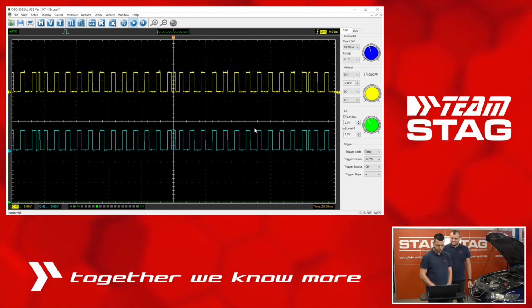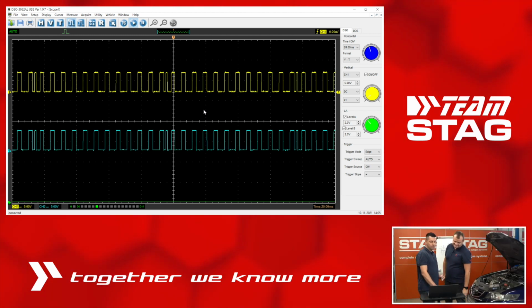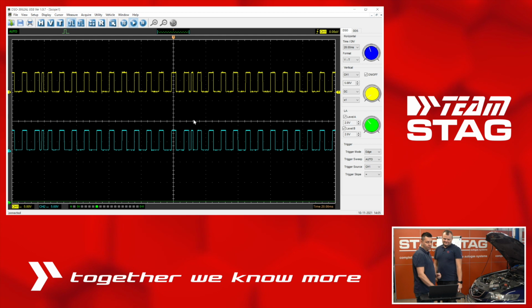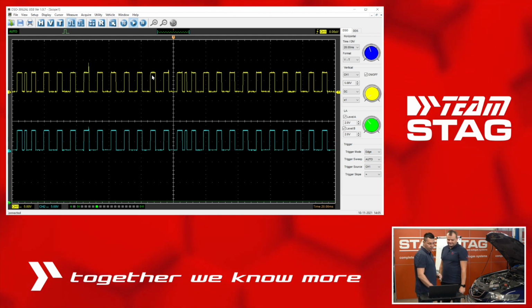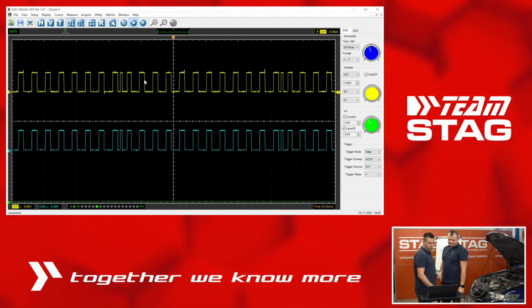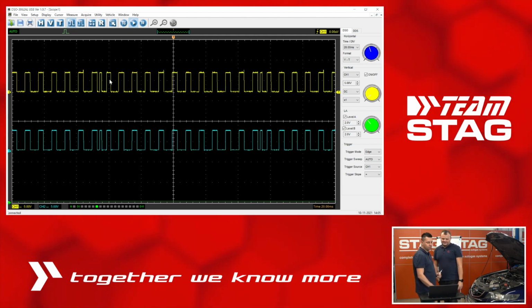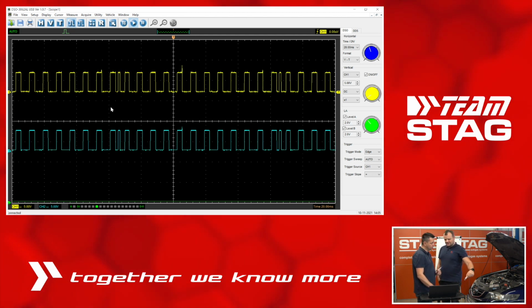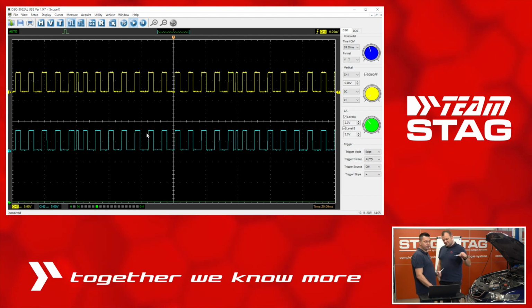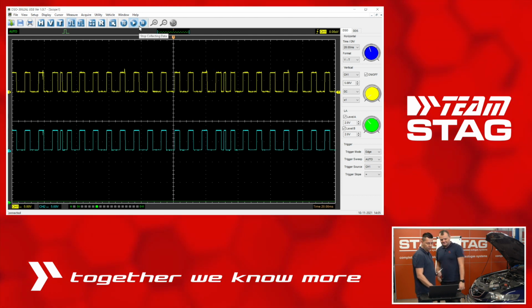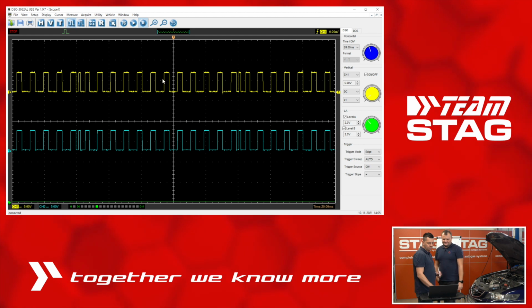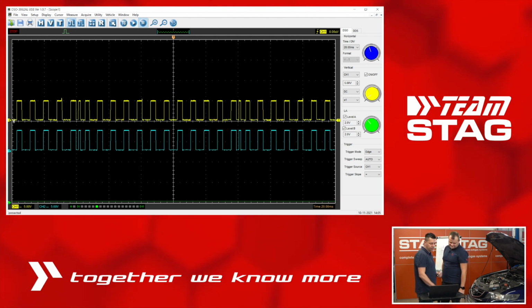Can you show me what's happening now? Okay, so right now on the oscilloscope, as you can see on the screen, we have 2 signals. The yellow and the blue, and the yellow one is coming from the sensor. From the sensor, okay. To the TAP. To the TAP. When I make the pause, you can compare those signals.